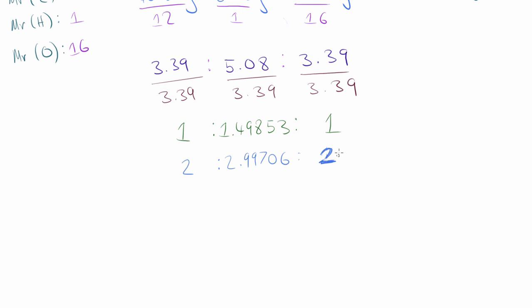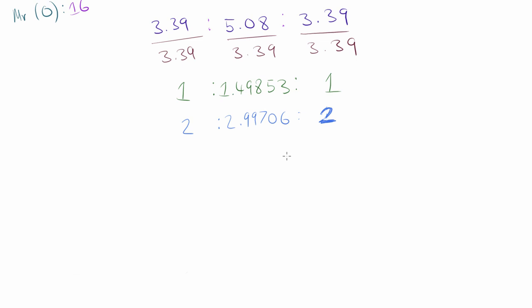Okay, so now at this stage, if you take a look at what we get if we round the middle number to 2 decimal places, we're going to get 3.00.